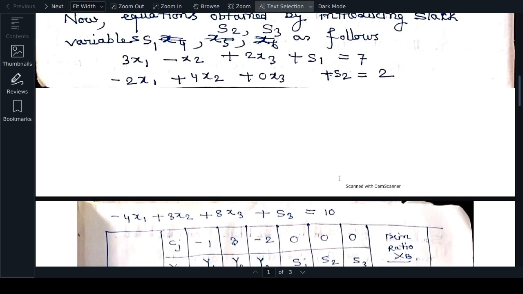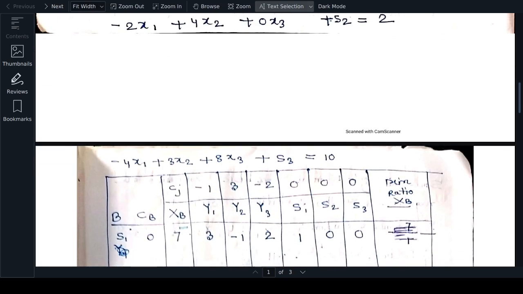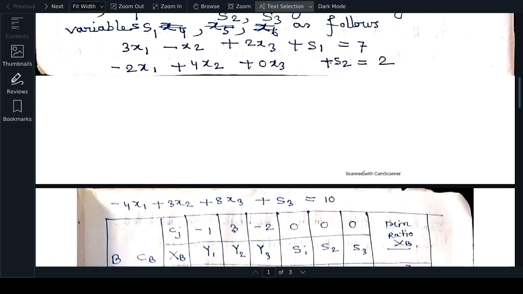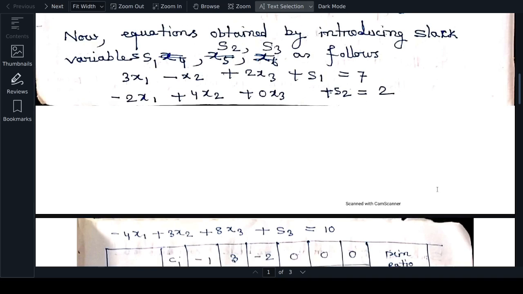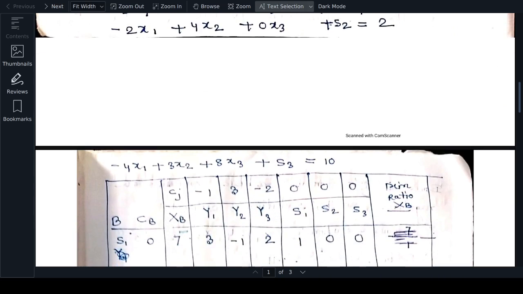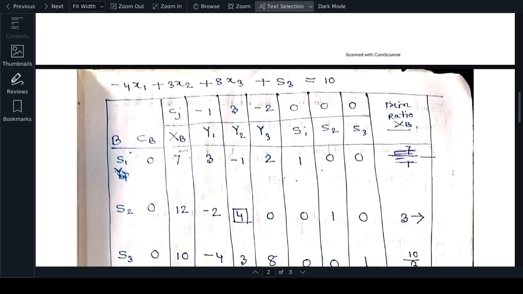Next, S1 will be 1 0 0 because we introduce S1 in the first equation; in the second and third constraints S1 is absent. So 1 0 0, 0 1 0, 0 0 1. Seeing this table, which columns give us the identity matrix?